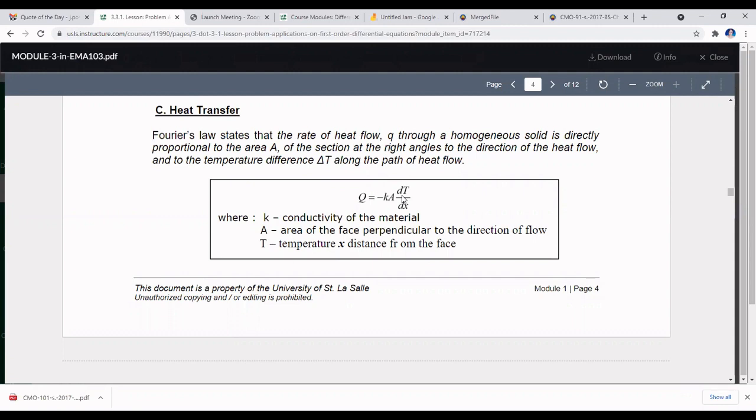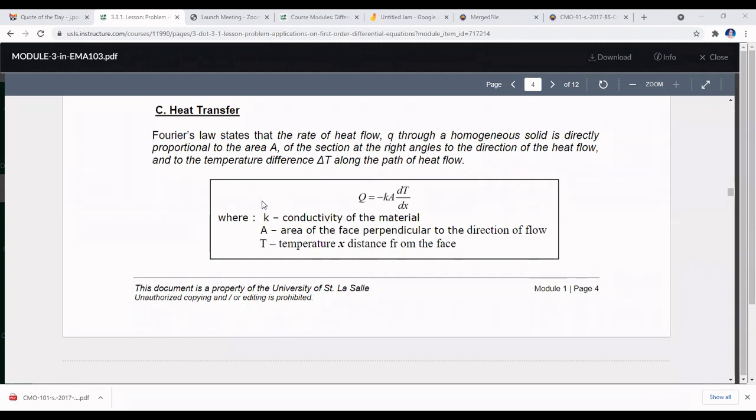If you want the rate, the Q, it has to be positive at all times. So for it to be positive, you need to put a negative here, because your dT will be negative: your final temperature, the temperature of this side, is less than the temperature of this side. So that explains the negative sign in here.